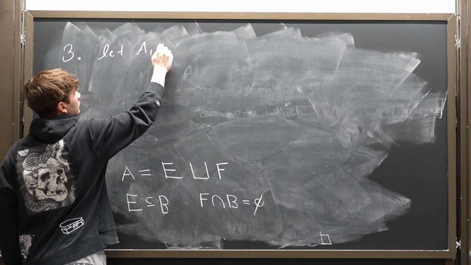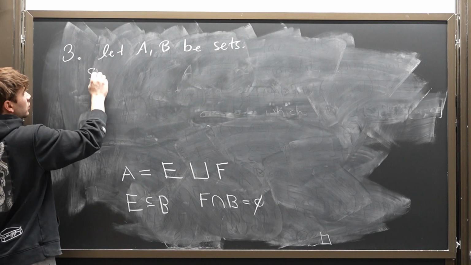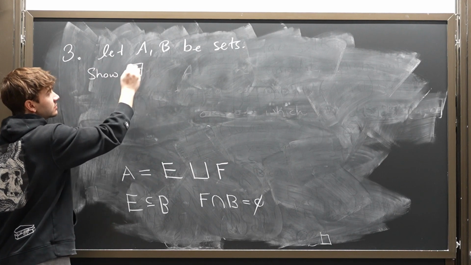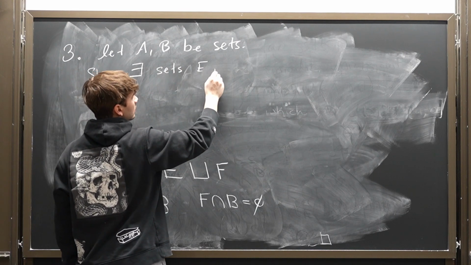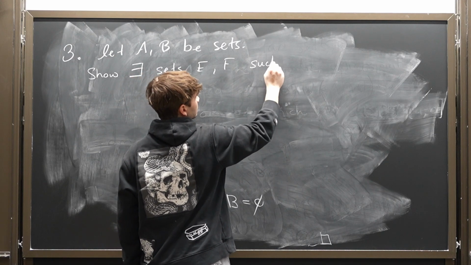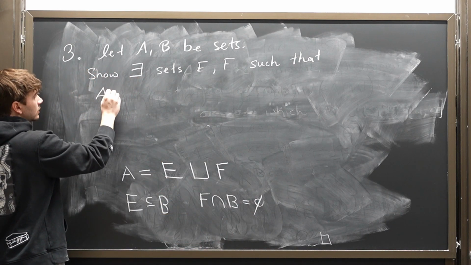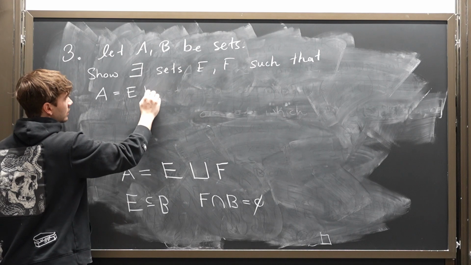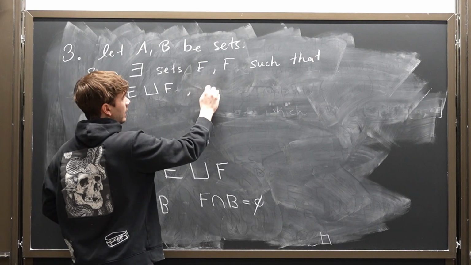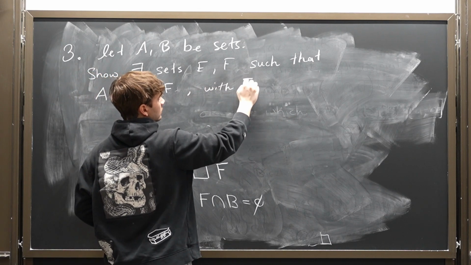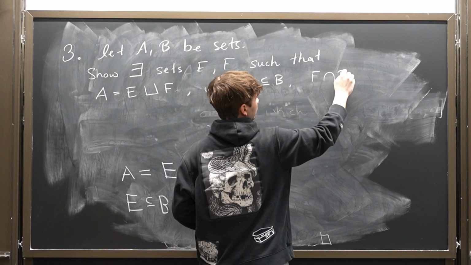Let A and B be sets so that there exists sets E and F such that A is the disjoint union of E and F, and E is contained in B, F is disjoint from B.